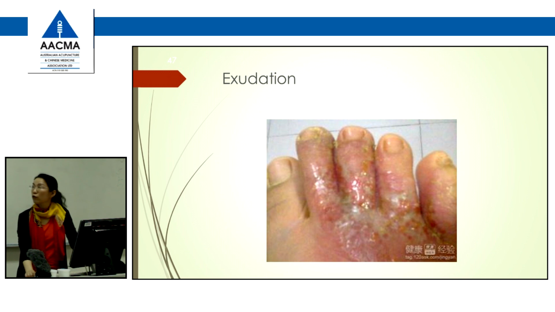And then that's the foot. That's the toes. What's the problem? The last one. Last view. That's with swelling, exudation, swelling, and then some infection, I think, because it has 有一点点脓液, pus, yeah, a little pus.